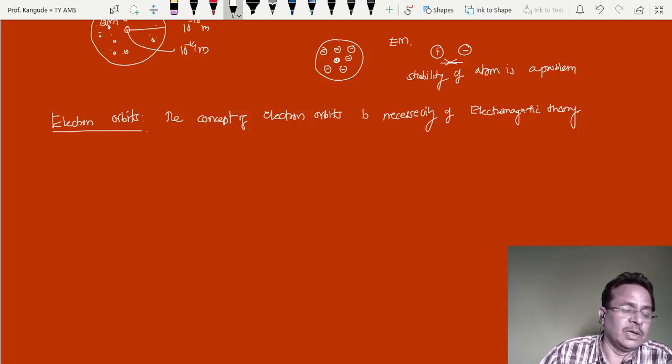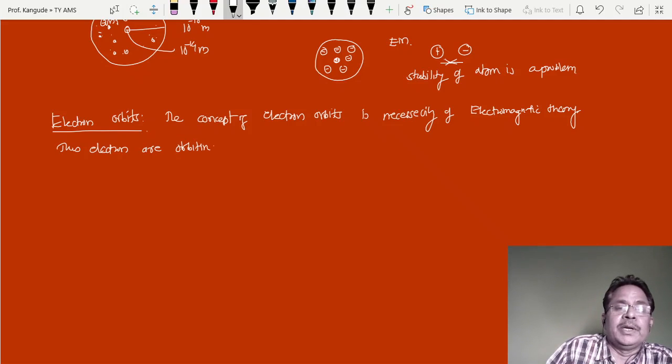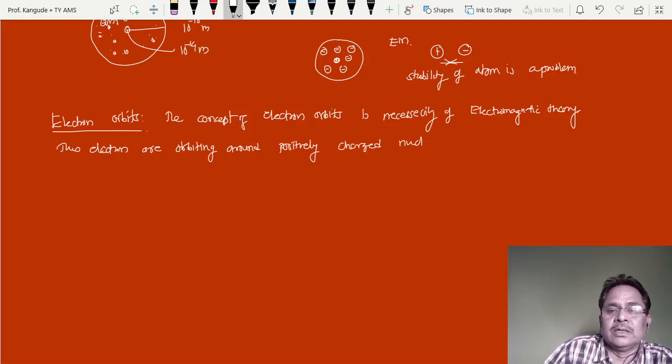Rutherford said, thus, electrons are orbiting around a positively charged nucleus according to this model.